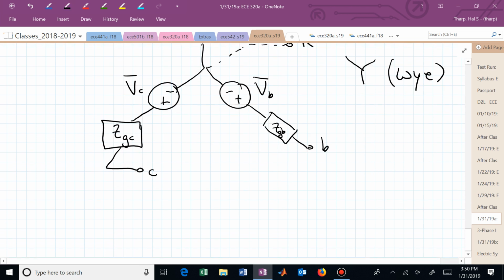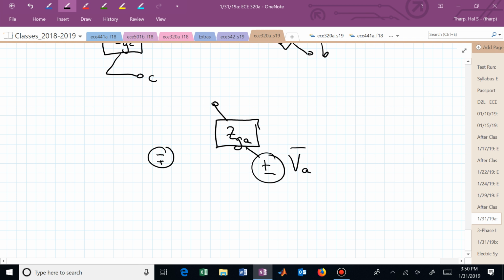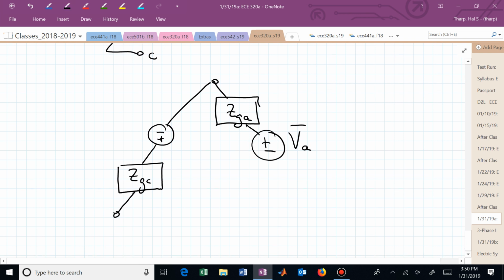The other is the delta, which looks a little different, obviously. Now we have V sub A, but here is, let's say, Z sub GA. I shouldn't make these so close. Here is now the C phase and here is the B phase.